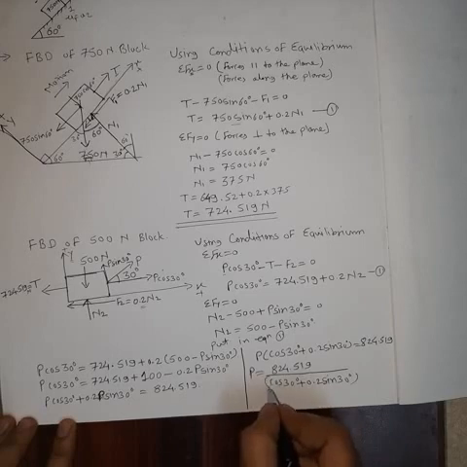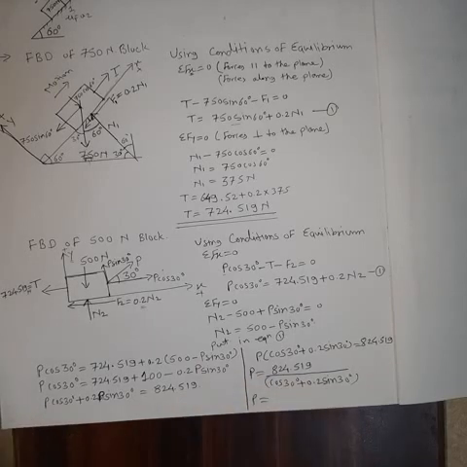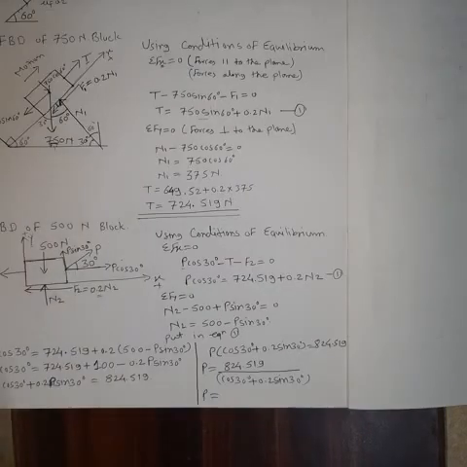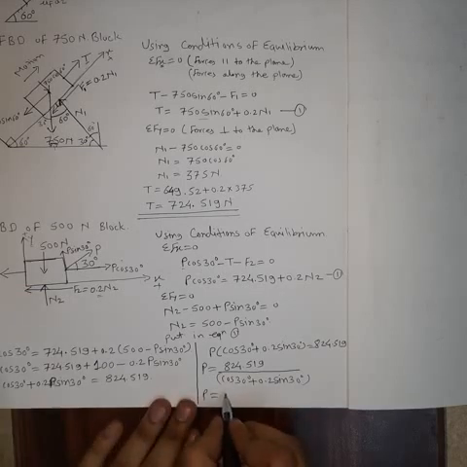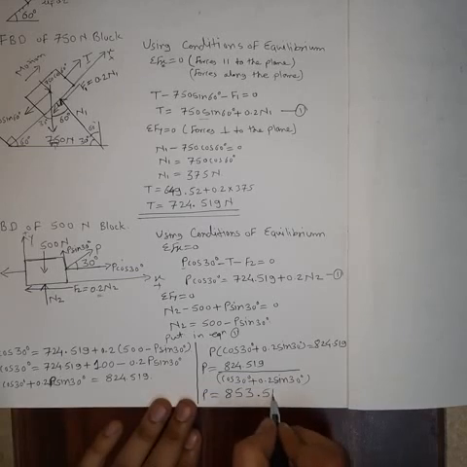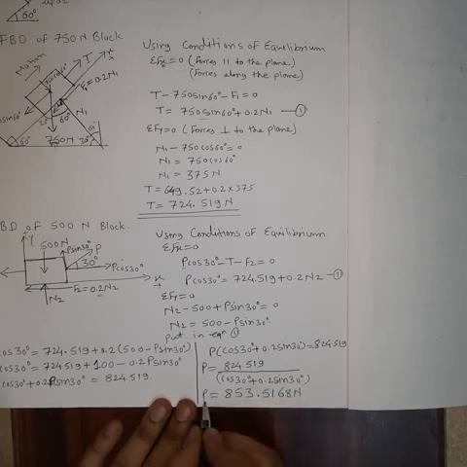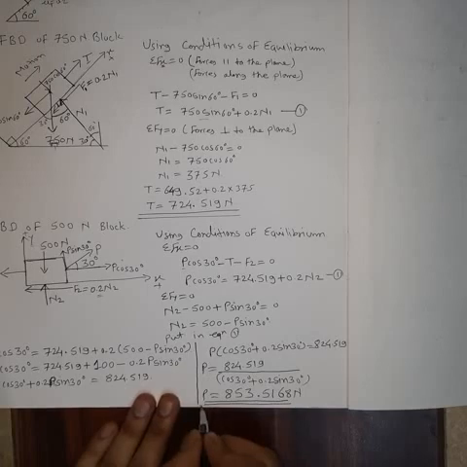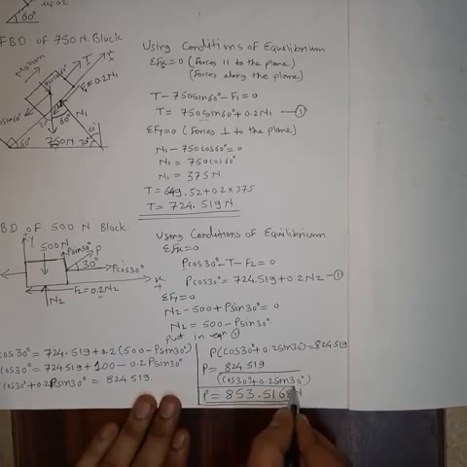When you solve this on the calculator, you will get the answer for P as 853.5168 Newton, or you can simply write it as 853.52 Newton. So this will be the final answer.